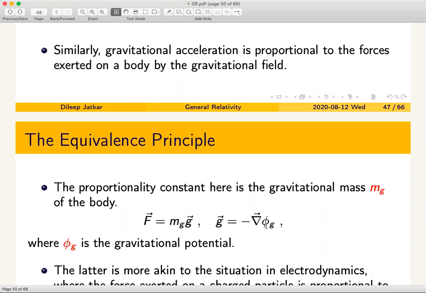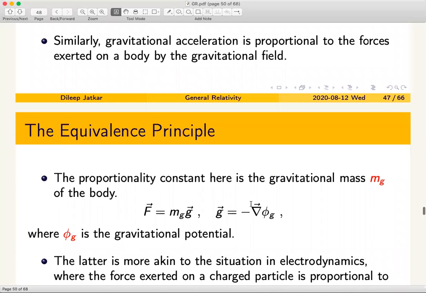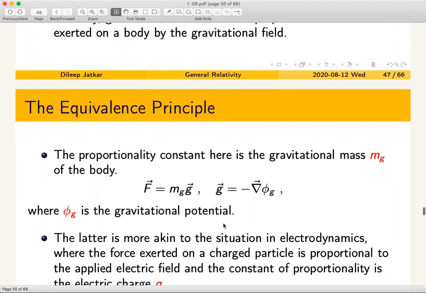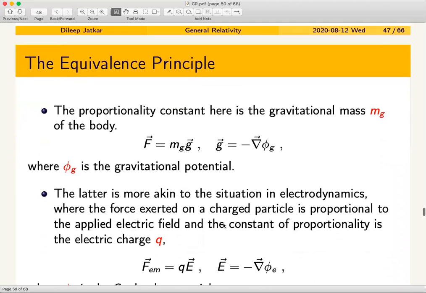This expression is quite akin to the situation in electrodynamics, where the force exerted on a charged particle is proportional to the applied electric field. The constant of proportionality in that case is what we call the electric charge.